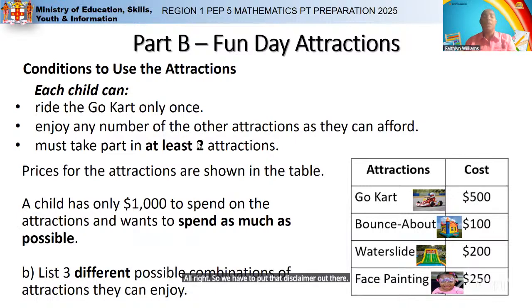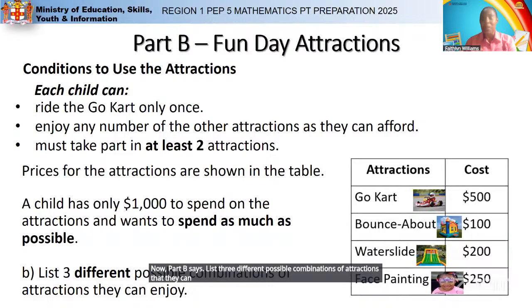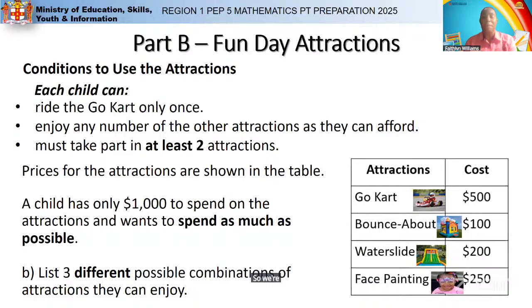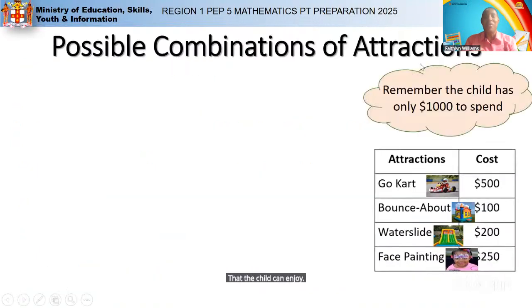Now, part B says, list 3 different possible combinations of attractions that they can enjoy. So we're going to give you some time to look at the attractions on the screen and see 3 different combinations of attractions that the child can enjoy. First of all, possible combinations.